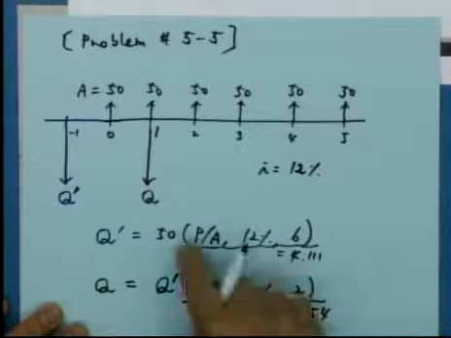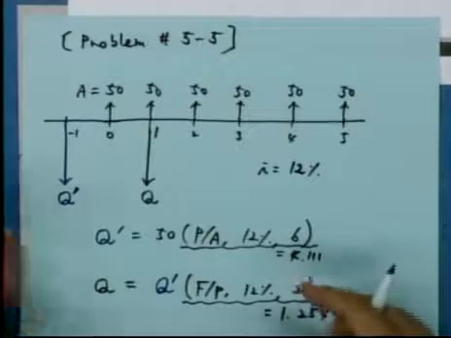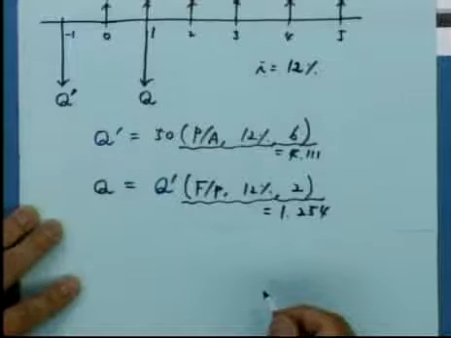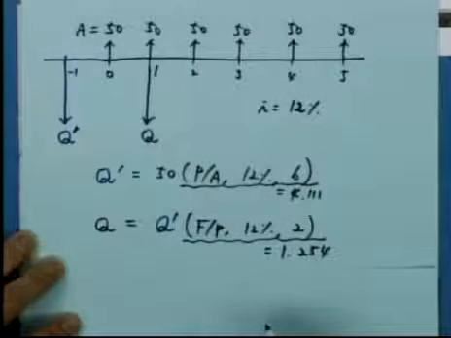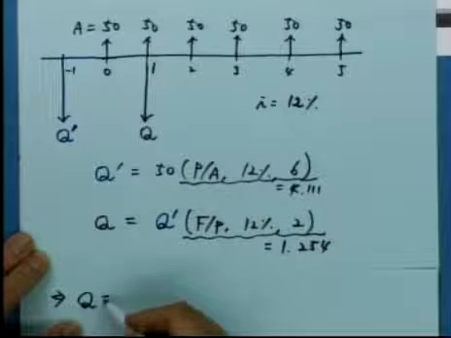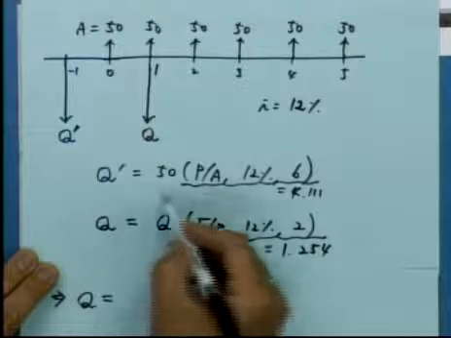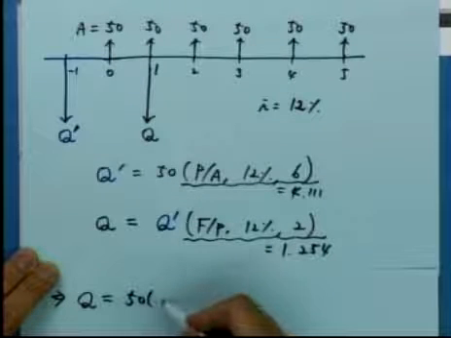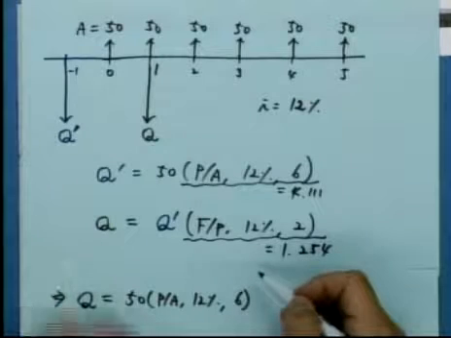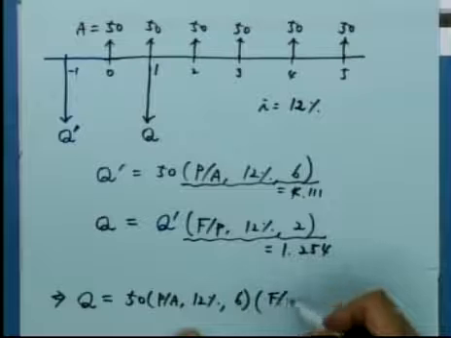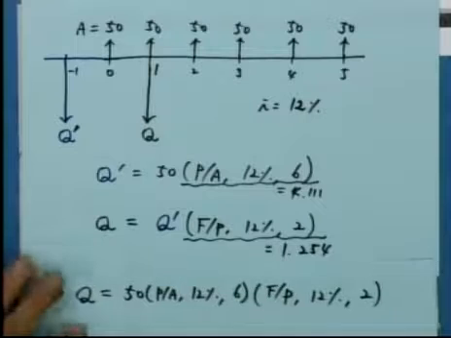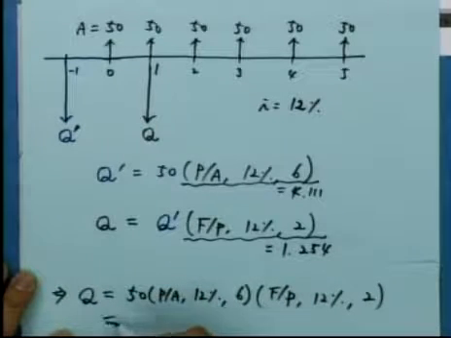And of course, these two steps can be combined into a single procedure. So if I rewrite that, Q equals Q prime, which is this, right? 50 times P given A, 12% over 6 periods, times F given P, 12% over 2 periods, right? Then how much is this?